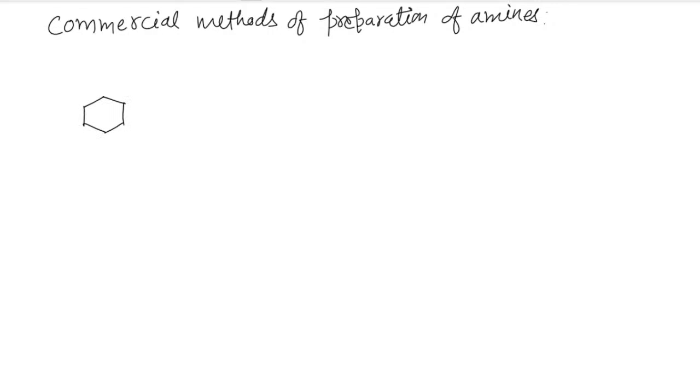So first from nitrobenzene. When nitrobenzene is treated with hydrogen, not in the presence of nickel only, or platinum, we use vanadium platinum catalyst commercially, or sometimes we can use cupric oxide at 680 Kelvin.